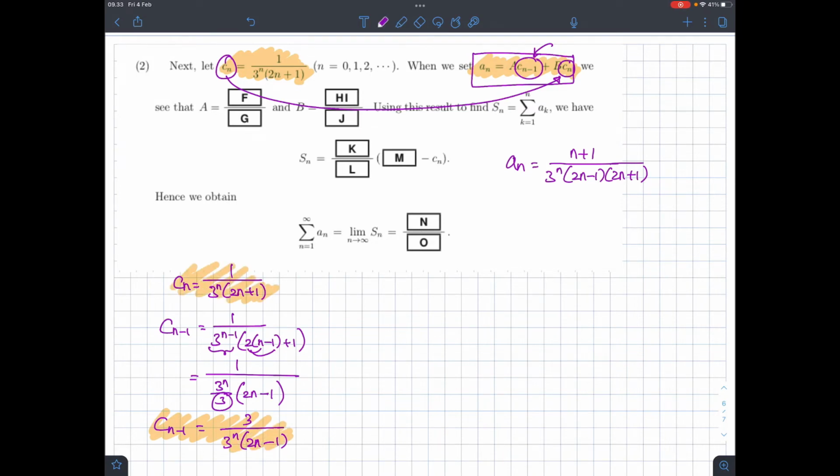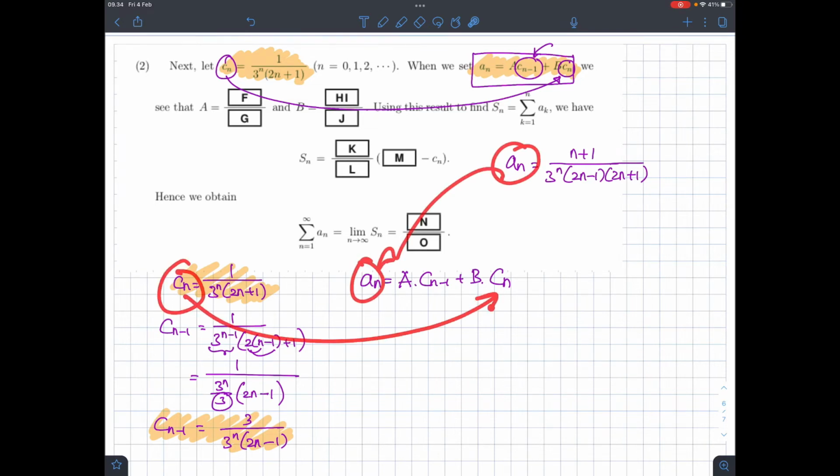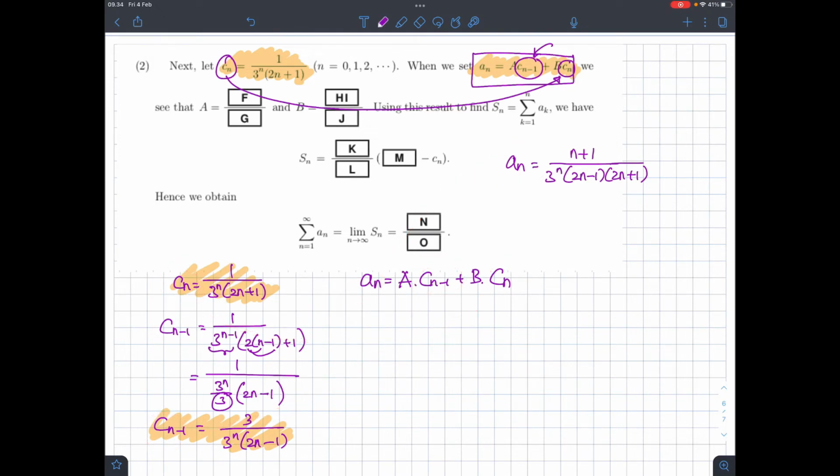They want you to form An as A times Cn minus 1 plus B times Cn. Okay, let's put everything together here. An is here, put it here, and you put Cn here and Cn minus 1 here. I just copy this for An, and for A times Cn, I also copy.